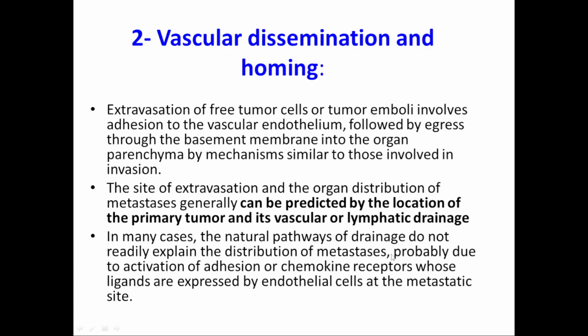So in many cases, زي ما حكينا, the natural pathway of the drainage does not explain the distribution of metastasis. So this is probably due to adhesion, to the activation of the adhesion molecules, or the presence of the chemokine receptors expressed in endothelial cells at the metastatic site. Okay?